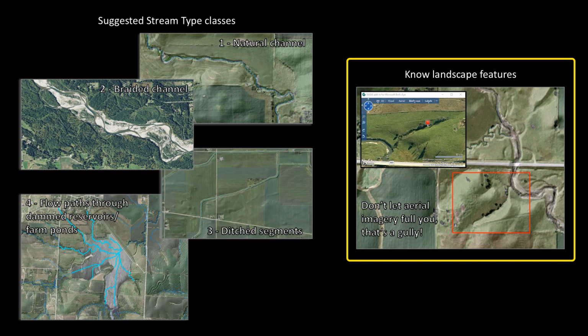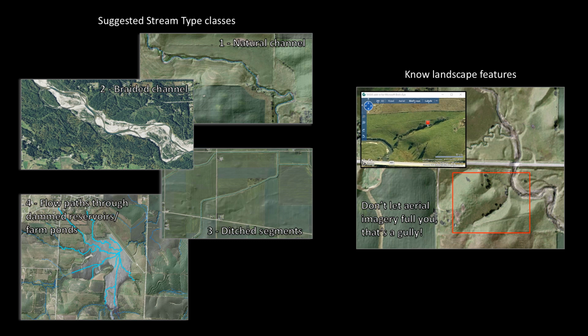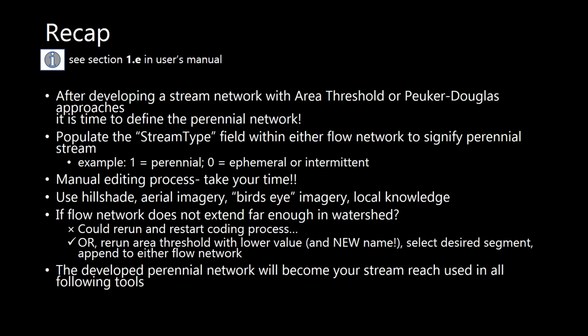So we would not want to code a gully as part of our perennial network because we do not want it to be excluded from future conservation practice siting. So this is just basically a PSA. Be aware of your landscape features and also feel free to get detailed and creative with your coding of the stream reach.